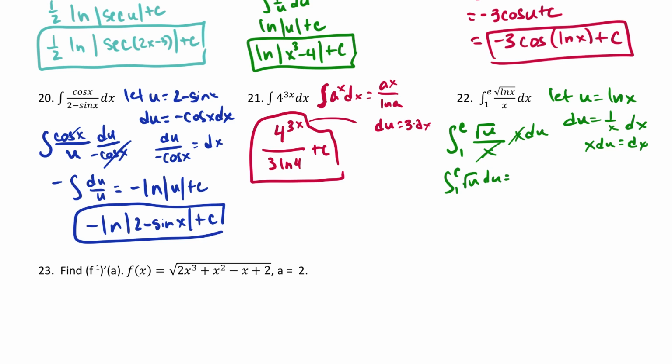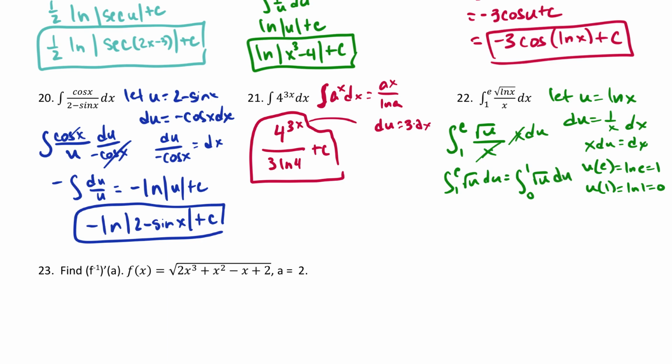let's go ahead, I'm going to do something different. So before I integrate, I want to change these bounds. So let u of e, it'll be easier if I just leave it in this instead of resubstituting to integrate. I'm going to do it this way. So u of e equals ln of e, which is 1. And then u of 1, again, I'm choosing to do this. This would be ln of 1, which is 0. So I'm changing the bounds to be from 0 to 1 of root u du.